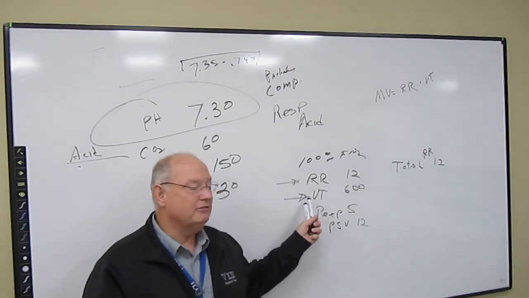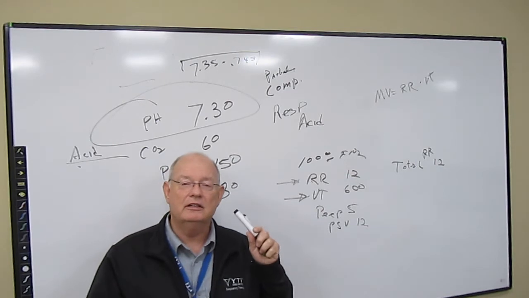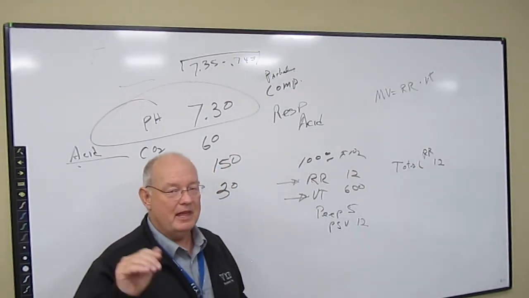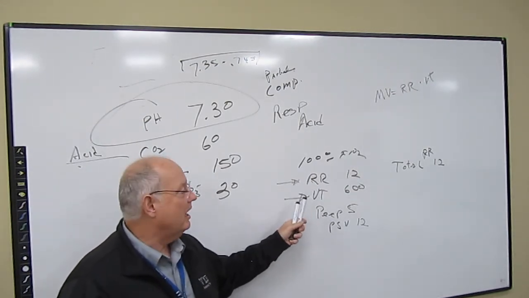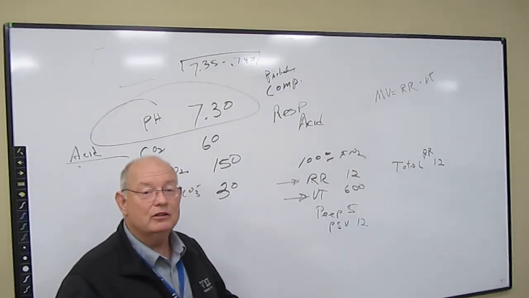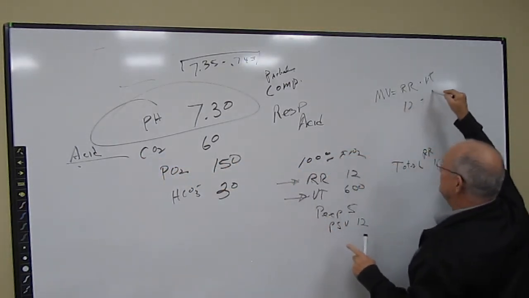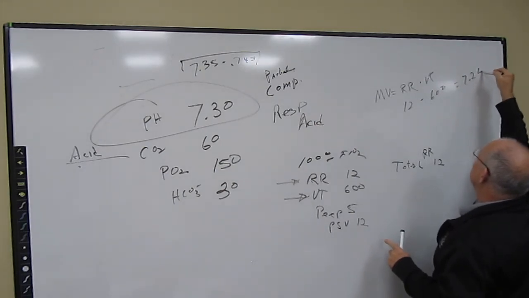At this point, we have to take a look at the patient, we have to look at the body weight, we have to look at the ideal body weight. But we're not going to do that right now. That'll be in the next video. We're going to right now say, hey, I can get rid of this by looking at his minute ventilation, which is 12 times 600 equals 7.2 liters.